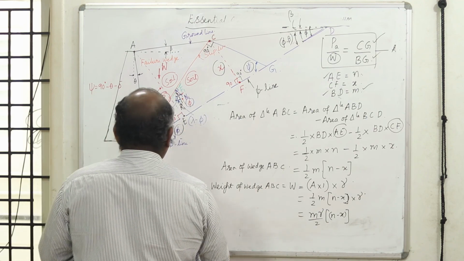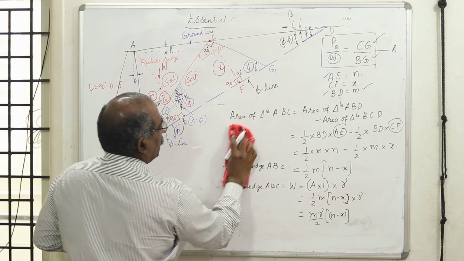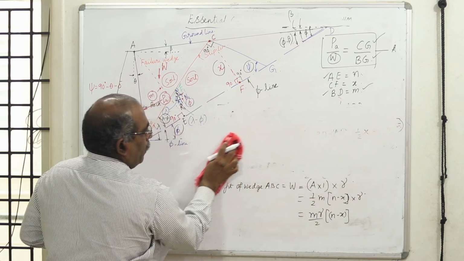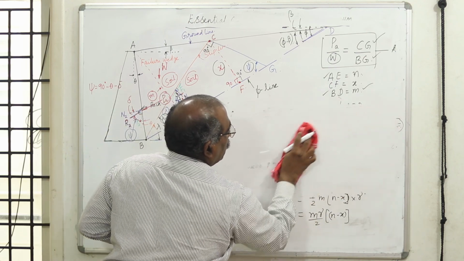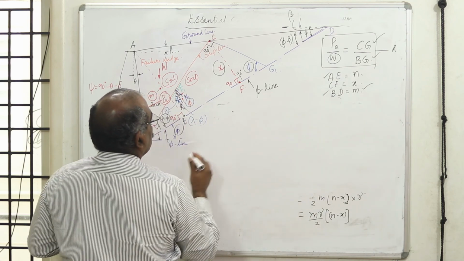Now I can substitute in this expression. Let me substitute all the values in this expression. I will erase this portion. I got simplified versions for that. Therefore, what happens?